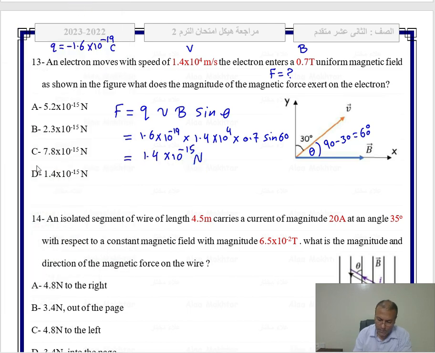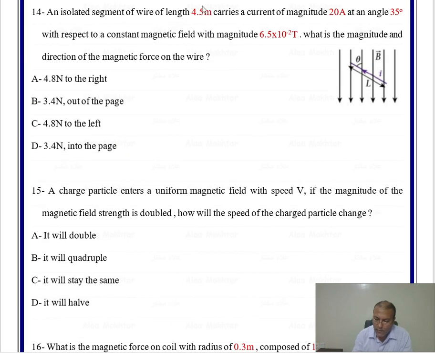Number 14. An isolated segment of wire with length L carries a current of magnitude I at an angle theta with respect to a constant magnetic field of magnitude B. What is the magnitude and the direction of the magnetic force F? The force on a current-carrying wire is F equals I L B sine theta.